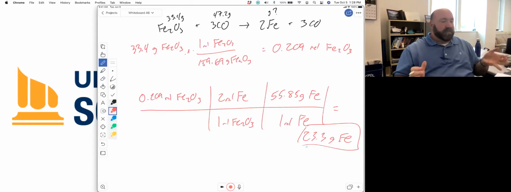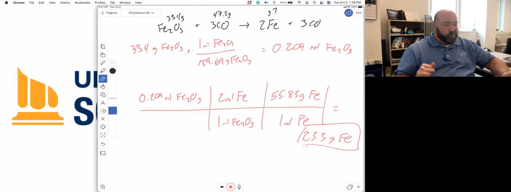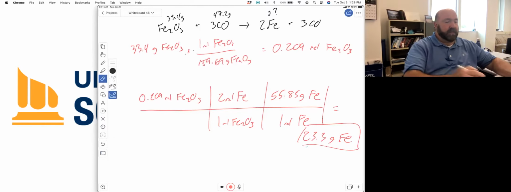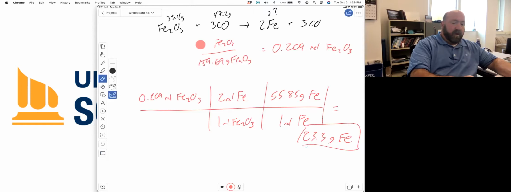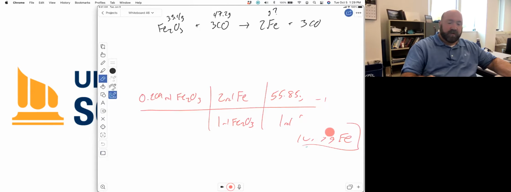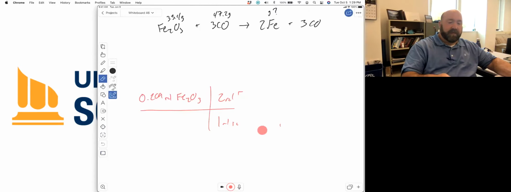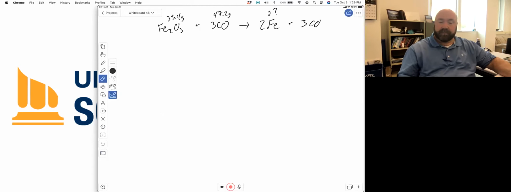Now, both of these methods, the do-it-all-out and the mole ratio method, are fantastic for what they are, namely that you can easily find the amount of product based on both reactants by determining the limiting reactant and going from there.